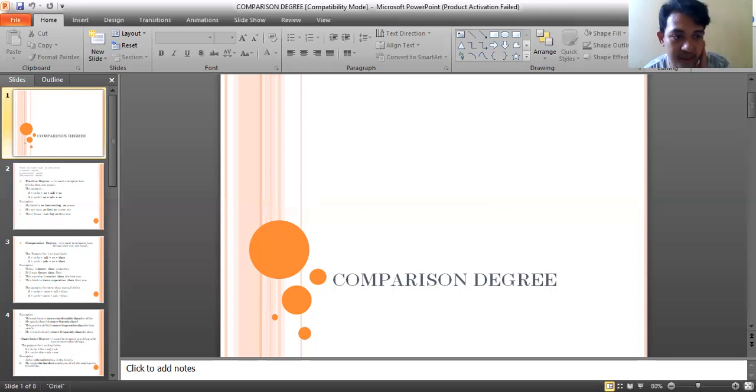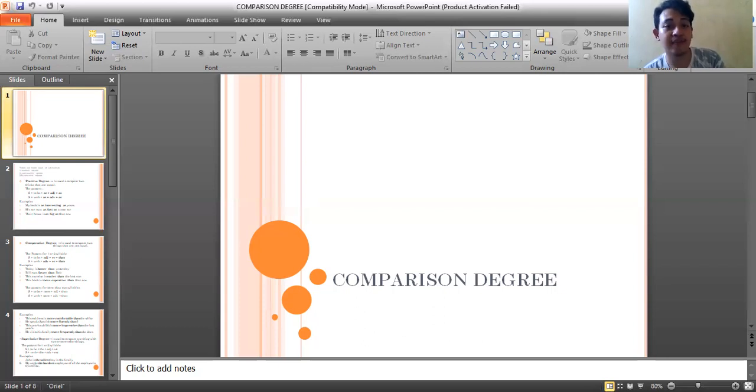This is the example of irregular forms of comparative degree. You can see the positive bad: the comparative of bad is worse, and the superlative is the worst. Far: the comparative is farther, the superlative is the farthest.